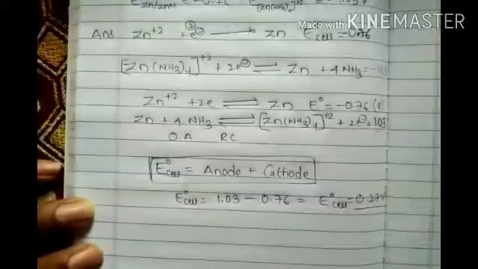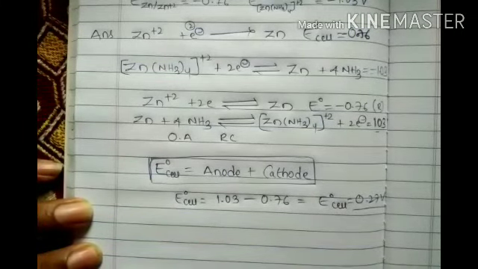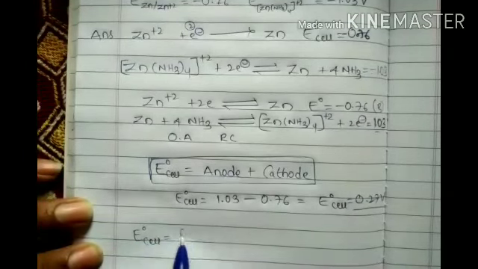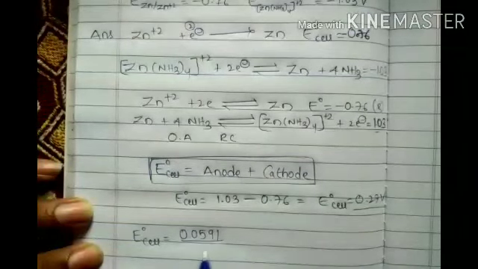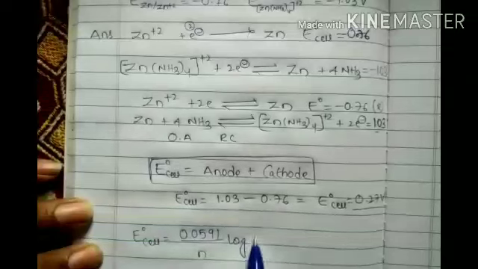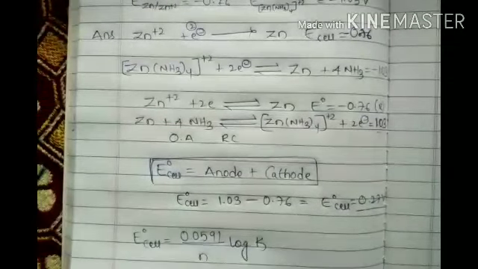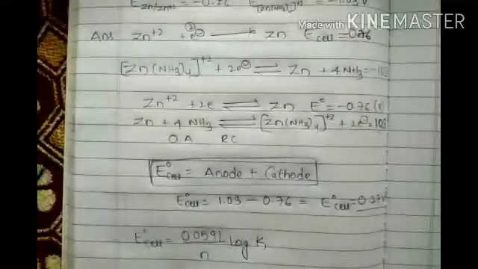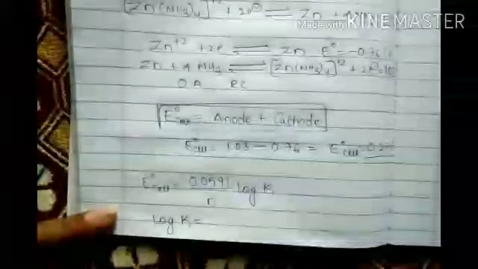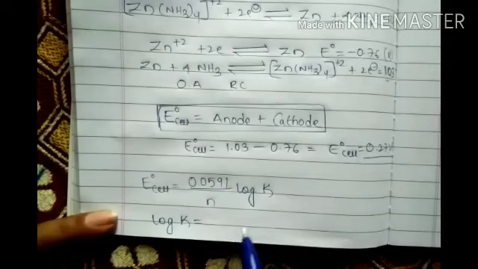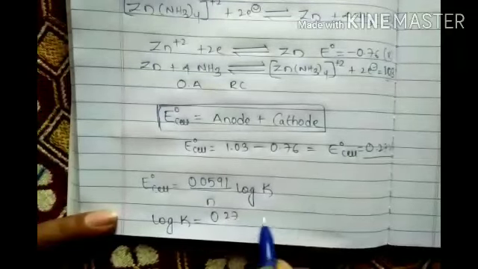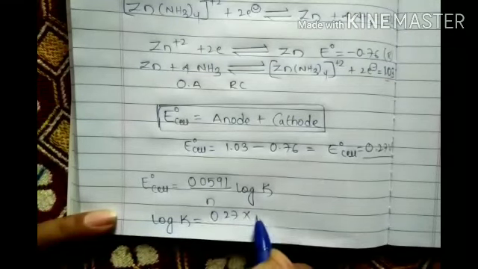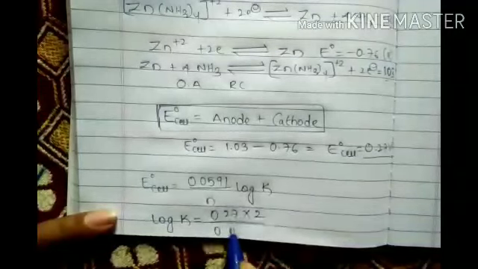Got it? Now E naught cell equals 0.0591 by n log K. Now log K equals 0.27, whatever we are getting, 0.27 into n, which is 2 electrons, by 0.059.